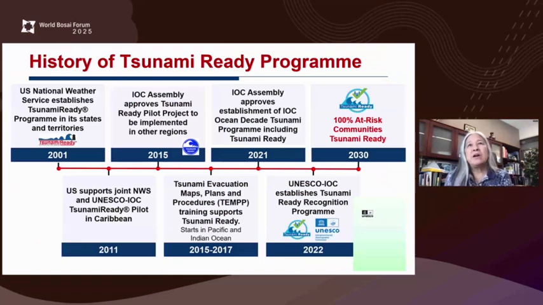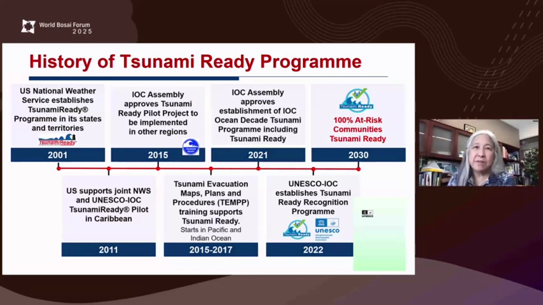Just a quick summary of the history. This is actually a program that was pioneered in the United States. It was established in 2001 alongside a program called Storm Ready by the National Weather Service, really focused on having communities work and empowering them with better planning, better assessment, better decision-making and response. In 2011 and 15, it was piloted in the Caribbean, as well as encouraged at the global scale by the IOC.